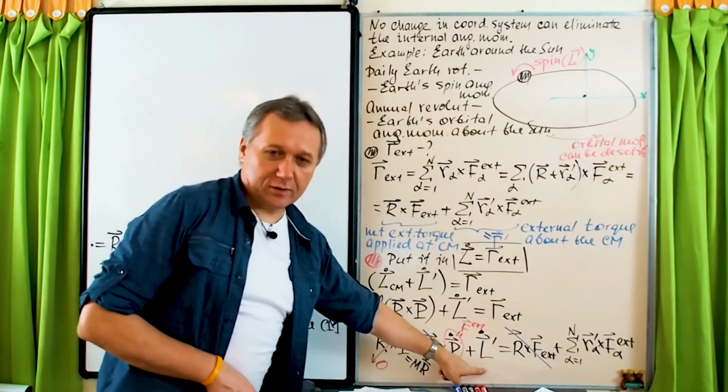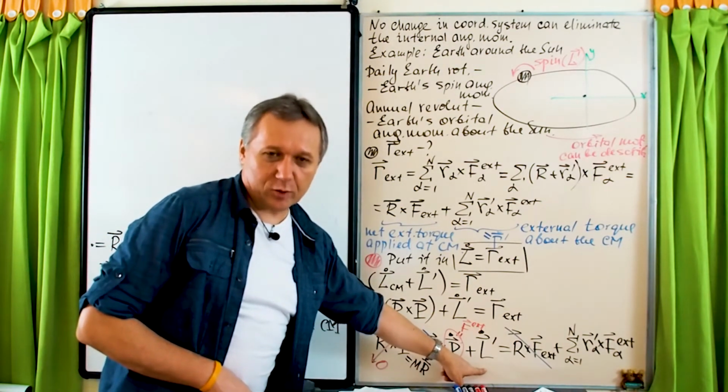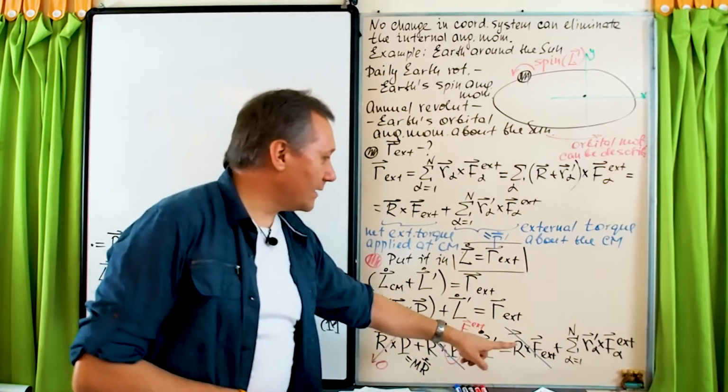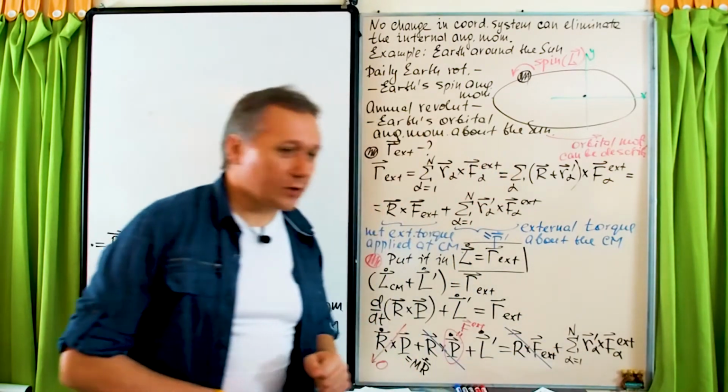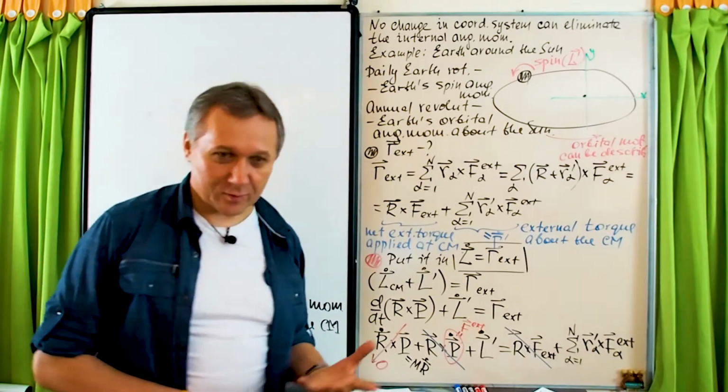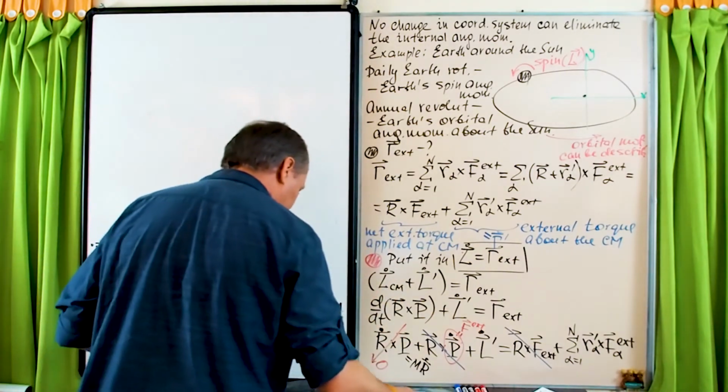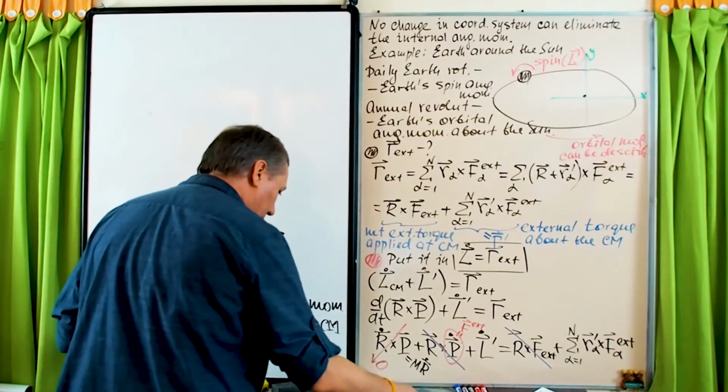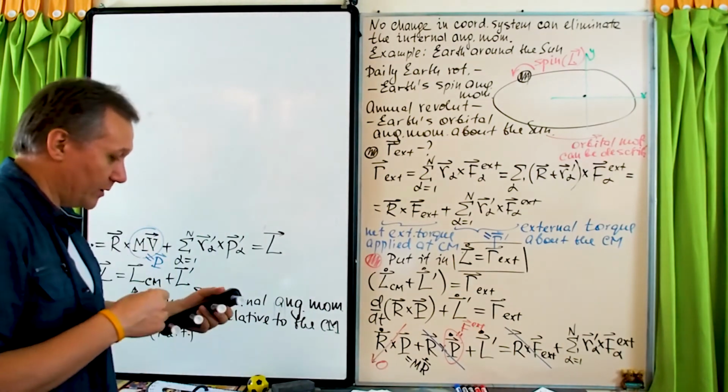The rate of change of the spin angular momentum, the internal angular momentum, and the external torque about the center of mass. Okay, now let me write it down, because now we're getting basically to the final point, the conclusion.